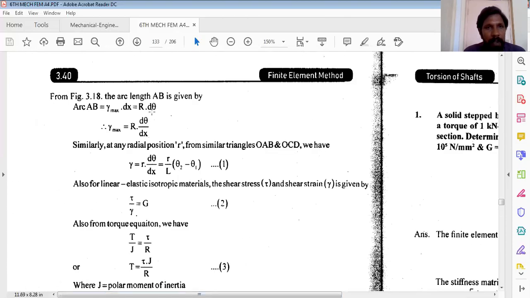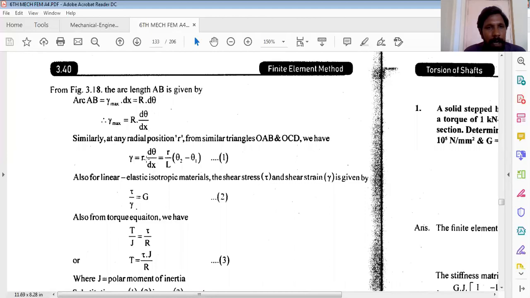The arc length of AB is given by gamma max into the distance dx, or it is radius into d theta, the angle of twist. Therefore, gamma max can be written as r into d theta by dx, and at any position we can write it as r by L into theta 2 minus theta 1.